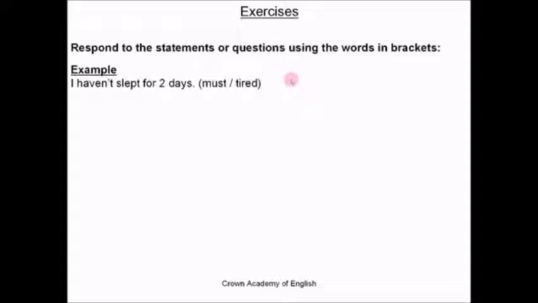So the answer to the example would be, you must be tired. Okay? We are certain. Somebody who hasn't slept for 2 days, we are certain that they are tired. So we say, you must be tired.